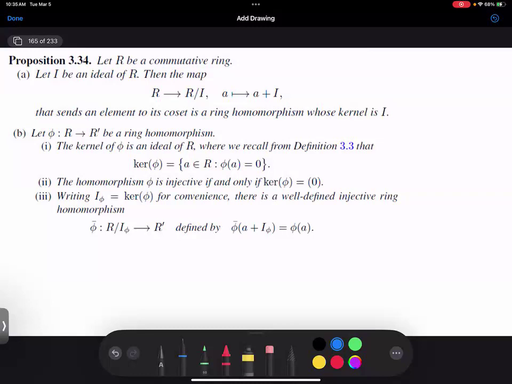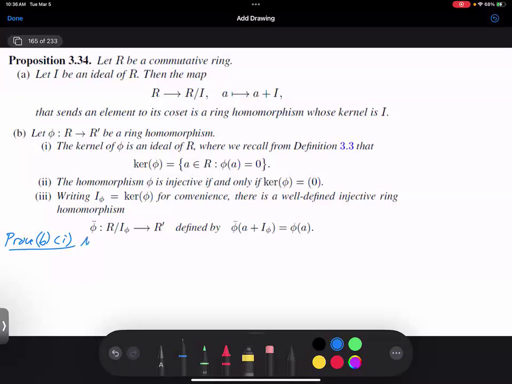I'll prove just B1, and I'll leave the rest for you. Again, if you have any trouble, come to me, talk to each other, talk to the TA. So we'll prove B1. We must show that the kernel is an ideal.